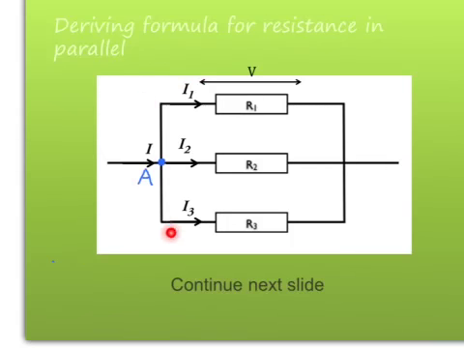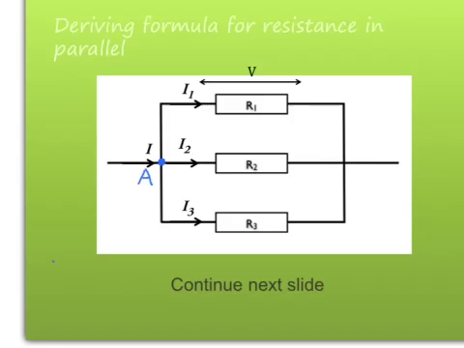Here is the parallel circuit again, with three resistors in parallel, R1, R2, R3, and the currents flowing through them are I1, I2, I3. Initially the total current I comes along, and it splits three ways.